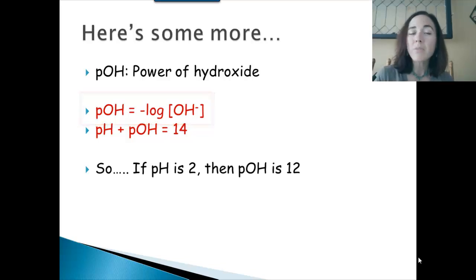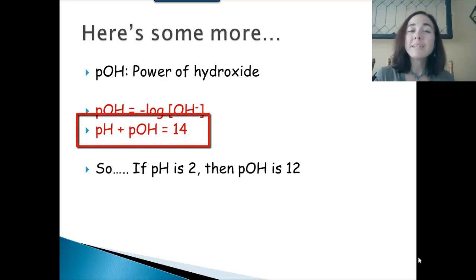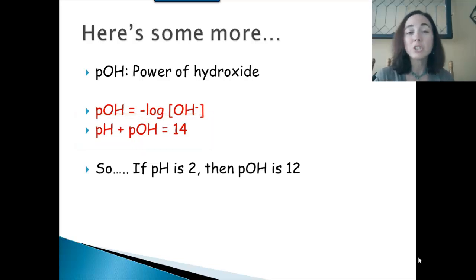But it is out there, and the reason it's helpful is because of this last formula. It turns out the pH plus the pOH will always equal 14. So for example, if we have a solution that has a pH of 2 and it's acidic, I know its pOH must equal 12 because 2 plus 12 equals 14.